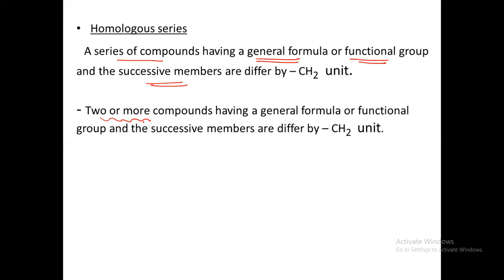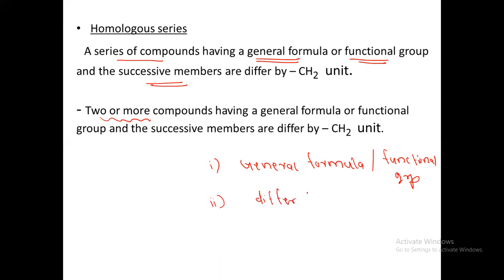Both conditions should be satisfied. The first condition is that they should belong to the same family. The same family means if one is an alkane, everyone should be an alkane. They should have a general formula, or there should be a common functional group. The second condition is that the adjacent members should differ by a CH2 unit.